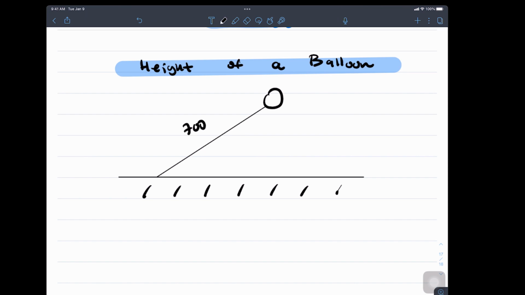They're going to say, okay, this measures 700 feet, okay? Here's an angle, theta, and then you're going to have the height of the balloon. So this is going to be a perpendicular line, okay? This is H. I'll move my balloon over.